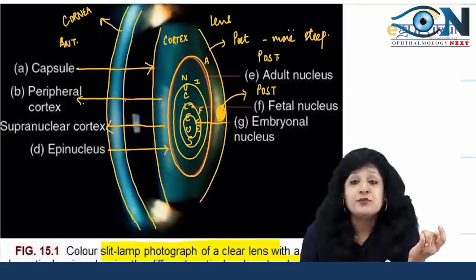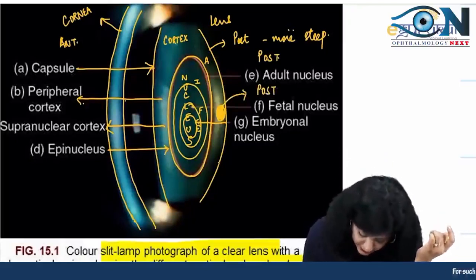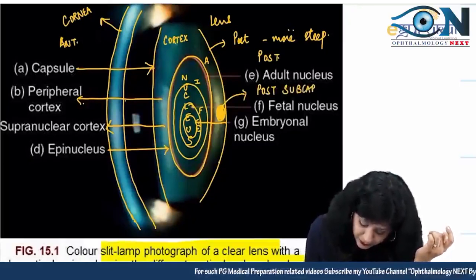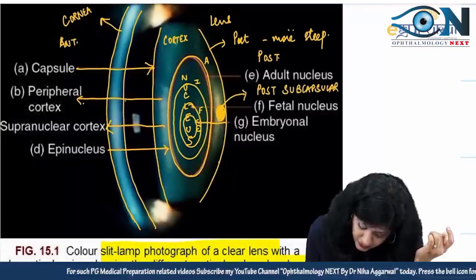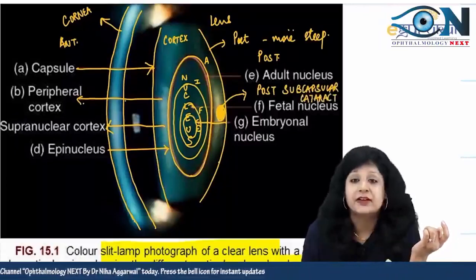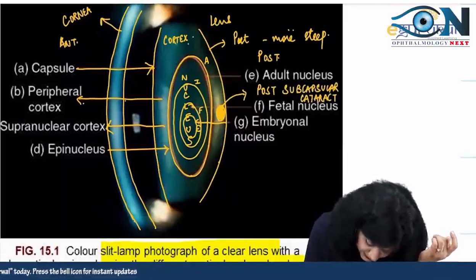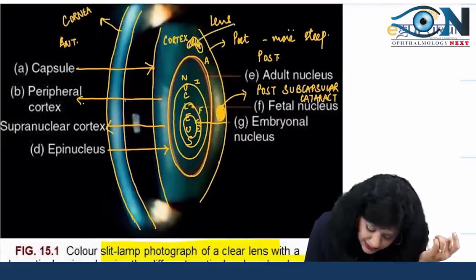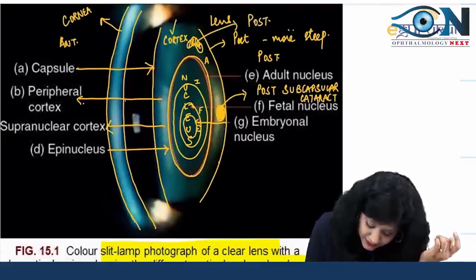Now if you look here, this is inside the capsule, so this is subcapsular, and it is an opacification. So I can easily say that this is a posterior subcapsular cataract. Similarly, suppose they say that there is a cataract here. This is again a cataract present posteriorly, but it is present in this cortex. So this will be a posterior cortical cataract.